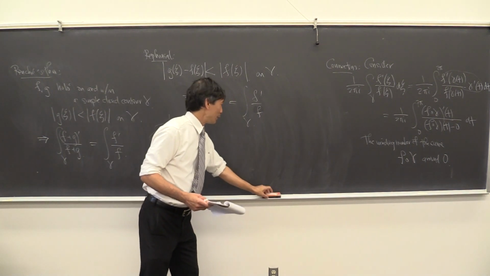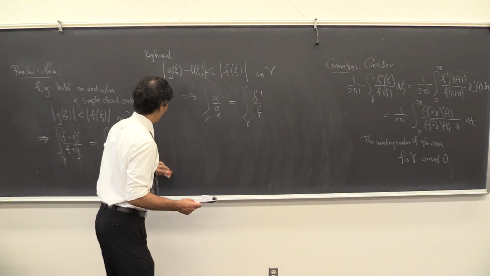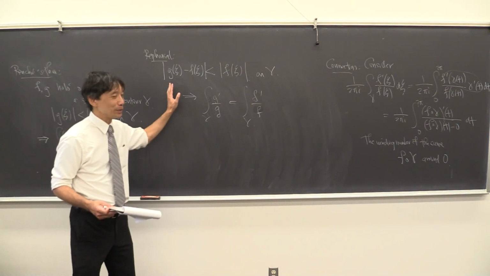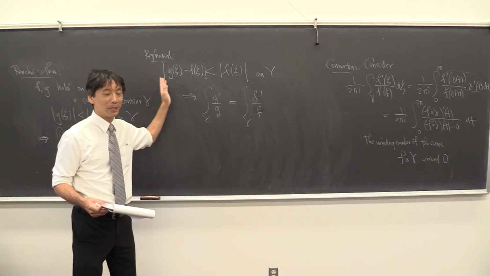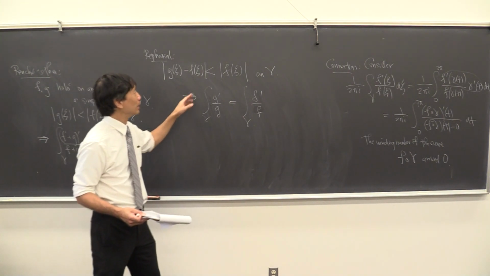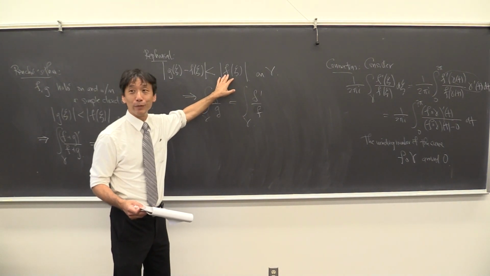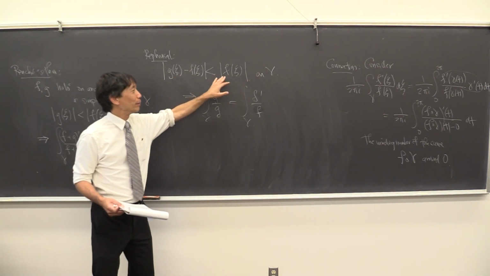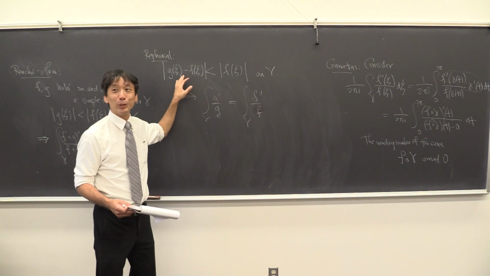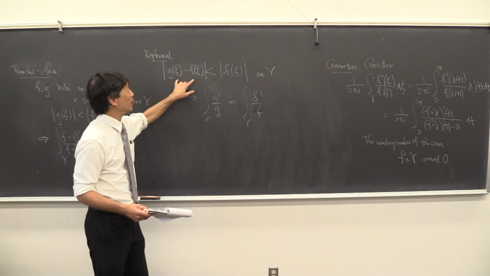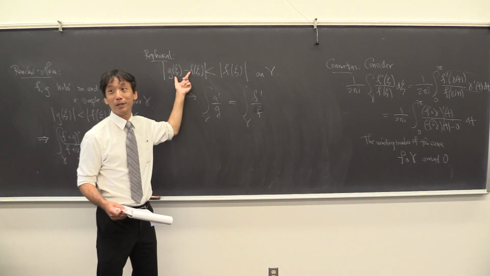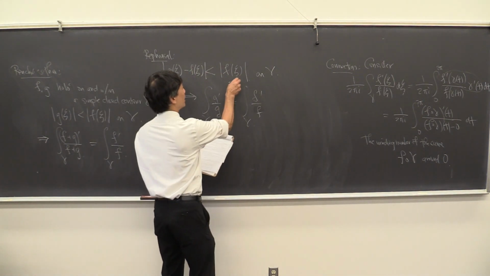A kind of funny explanation given in one book is that you want to think of this guy as the owner of a dog, and then g is the dog. The owner of the dog is walking around a tree, and the length of the leash is shorter than the distance to the tree, because this is f minus 0.